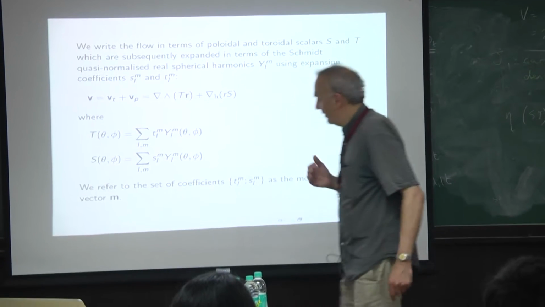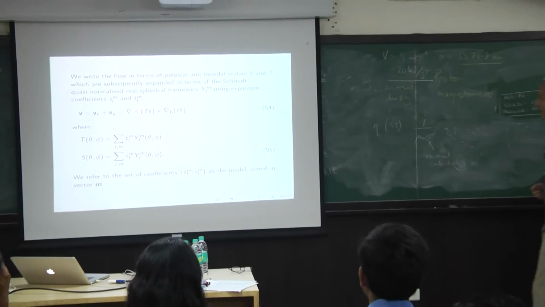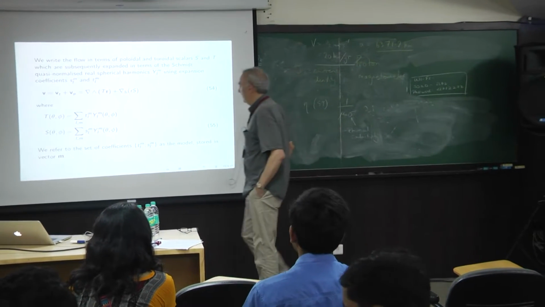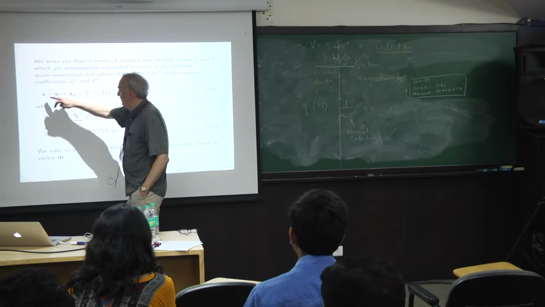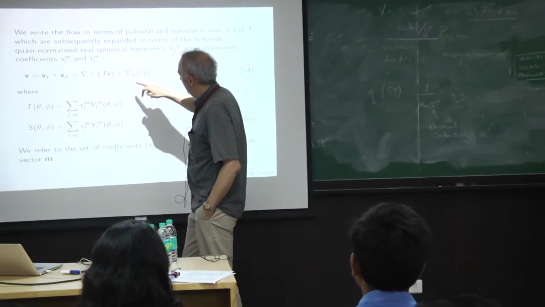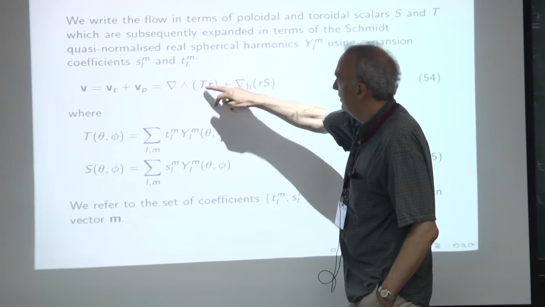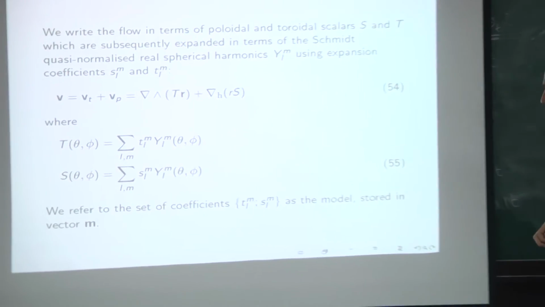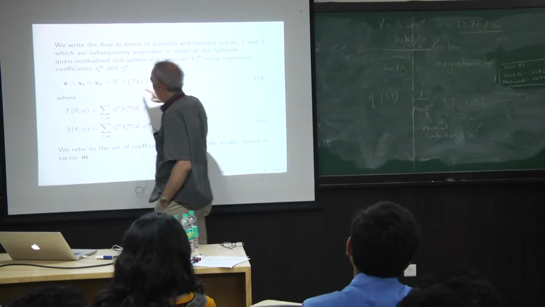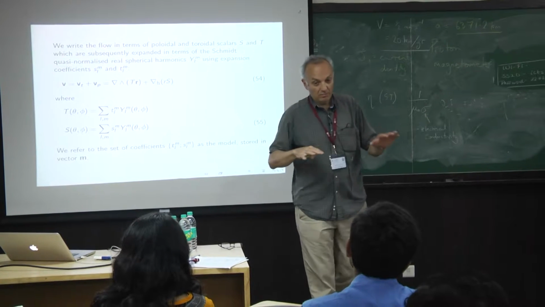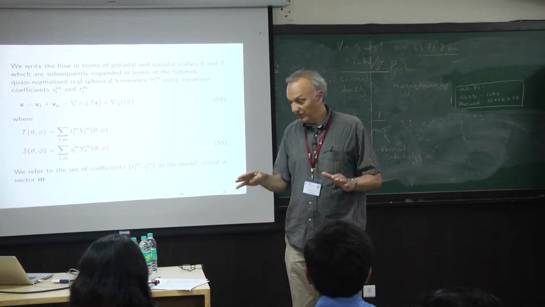Okay, so let's now just see how we calculate these flows. We use a representation for the velocity in terms of two components. They're called the poloidal and the toroidal components of the flow. And this is the key thing, I suppose, that this is a complete representation of any tangent vector field on a spherical surface.